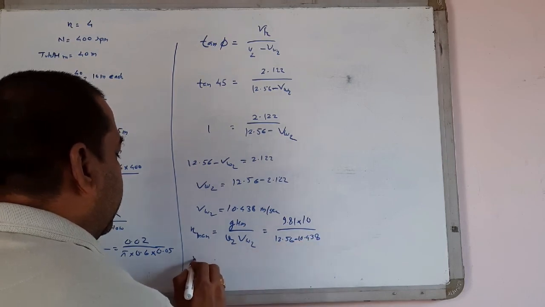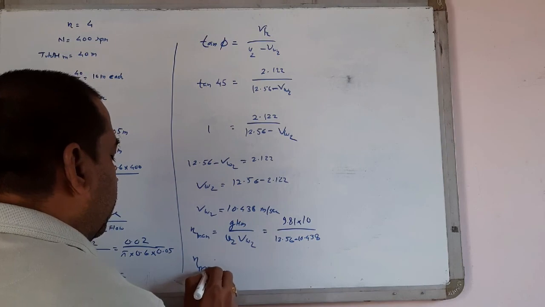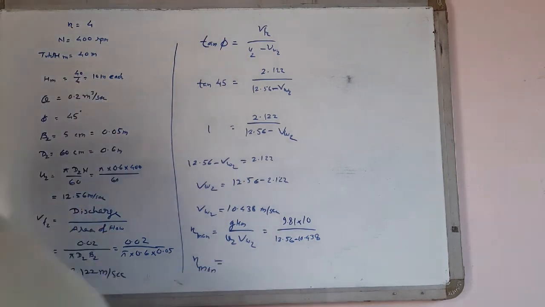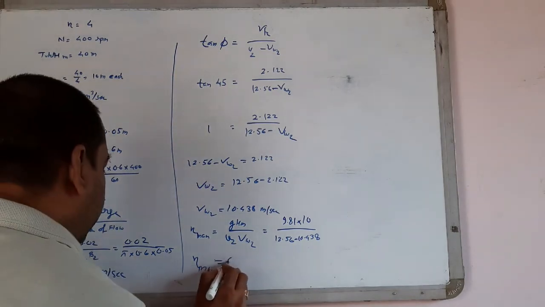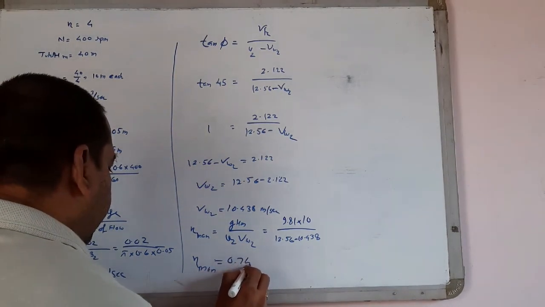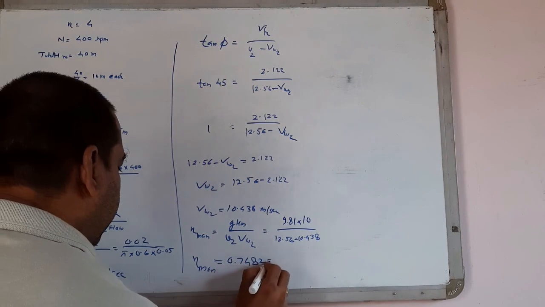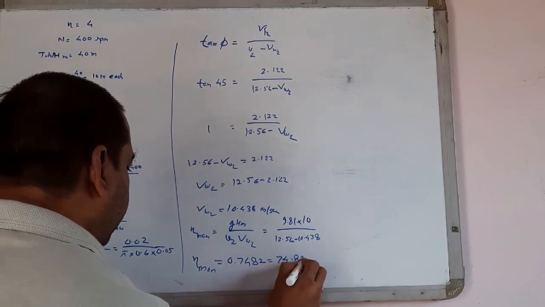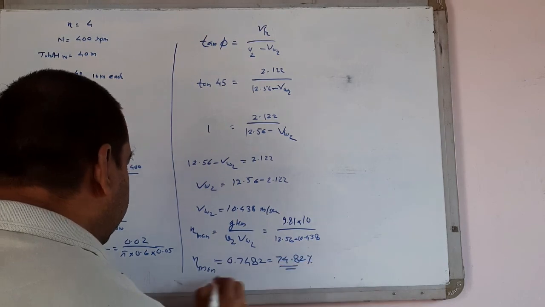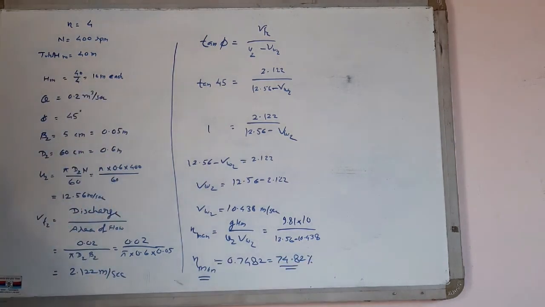So the value of eta manometric comes 0.7482, equal to 74.82%, the value of eta manometric.